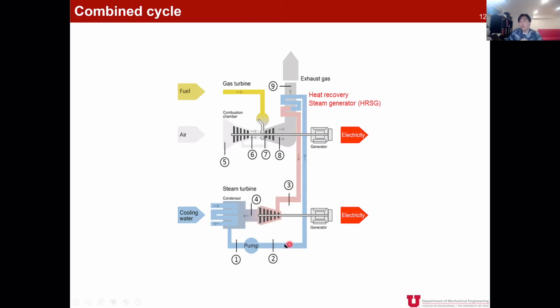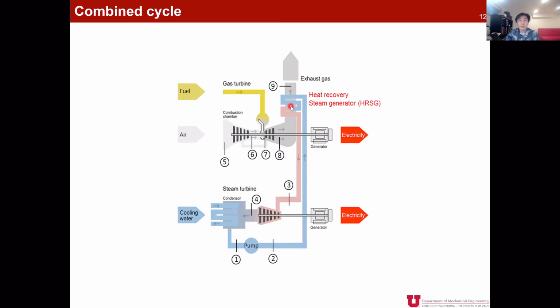Now, what if we lead these pipelines to the middle of the chimney, where the hot exhaust gas can go through those pipelines to transfer heat to the steam? And if this hot exhaust gas has sufficient energy, then this heat can boil the water and make steam inside the pipeline.